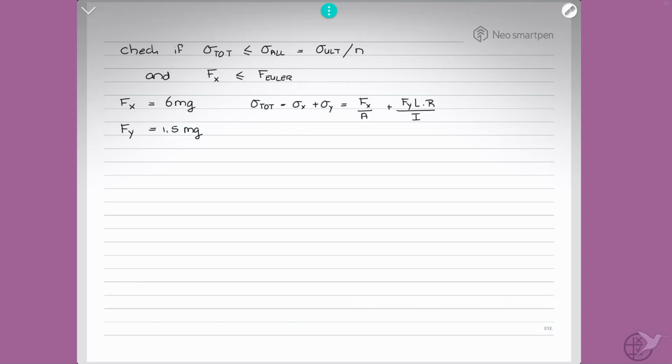And this has to be smaller or equal to sigma ultimate over the safety factor.